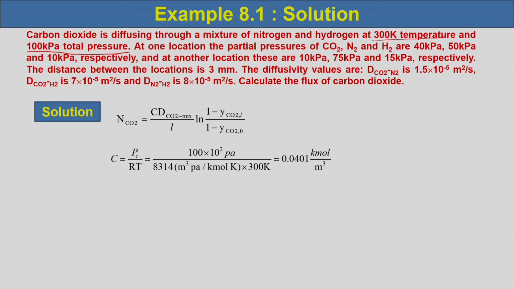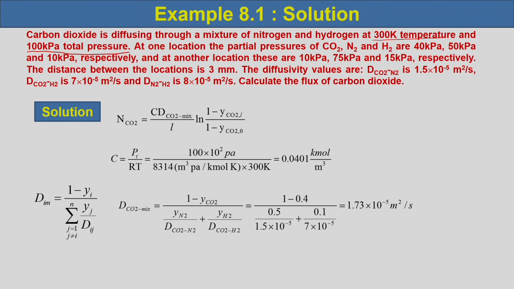So, we can calculate the concentration C as 0.0401 kilomole per meter cube. Now, we know the mixture diffusivity equation, which is equal to (1 minus yi) divided by the summation over j equal to 1, j not equal to i, of yi divided by D_ij.